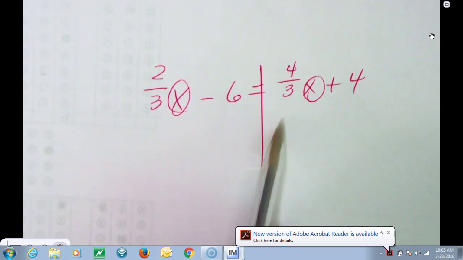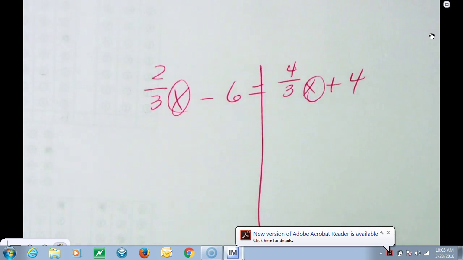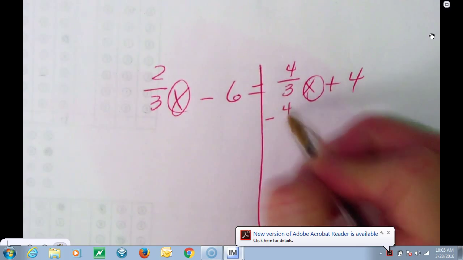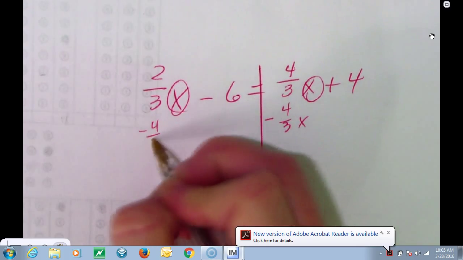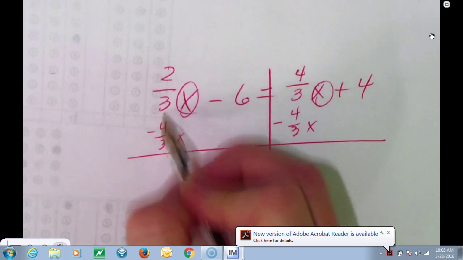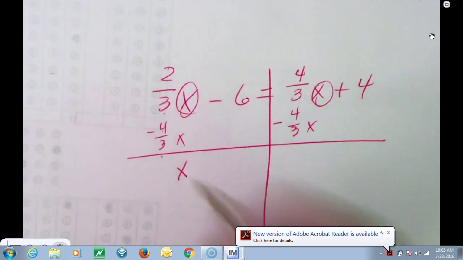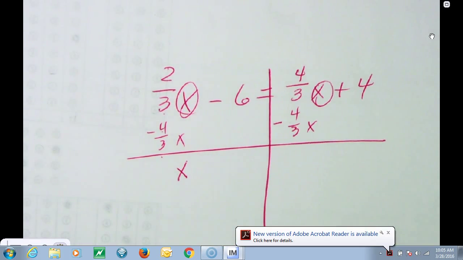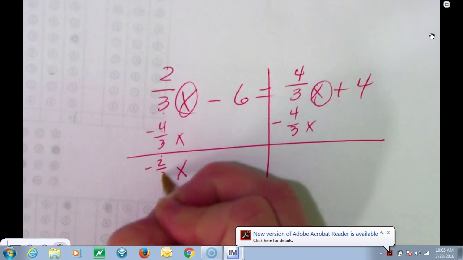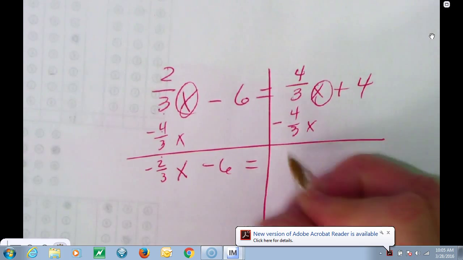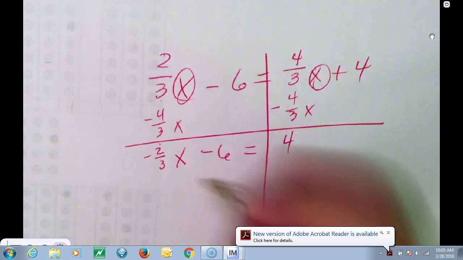David, help us. What would I do first? Subtract 4/3 x from both sides. What's 2/3 minus 4/3? What's 2 minus 4? Negative 2/3 x minus 6 equals 4. Now what? Help me out.